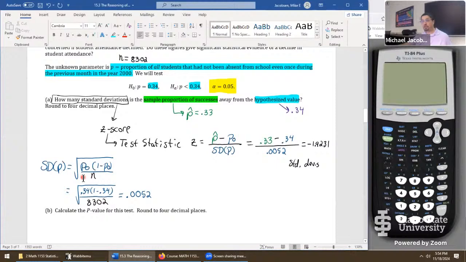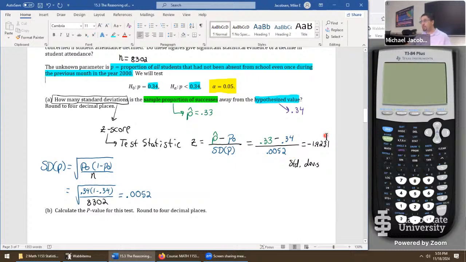And notice when we go to calculate the standard deviations, this came from the central limit theorem, but we made a huge assumption. We assumed that the true population proportion really is 34%. So we plug that into this. That's why we're not calling it a standard error any longer. If the null hypothesis is true, that is the exact standard deviation. So we plug it in right here in our z-score. We have this value, 0.0052.